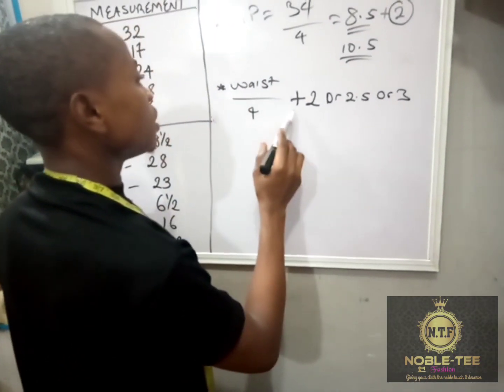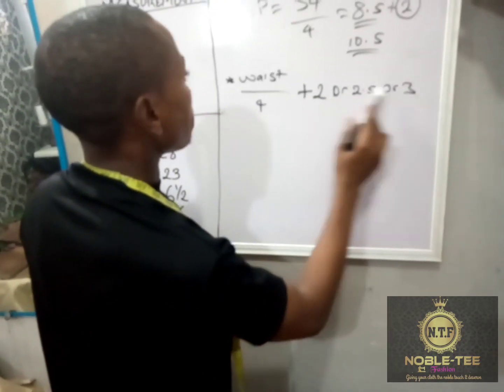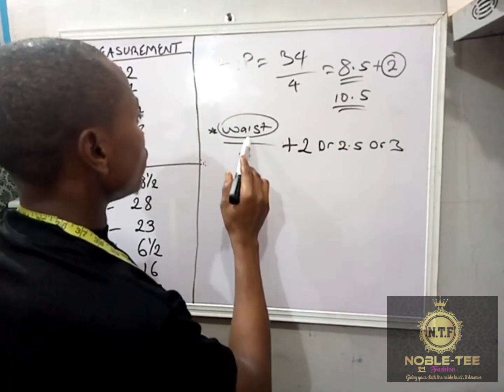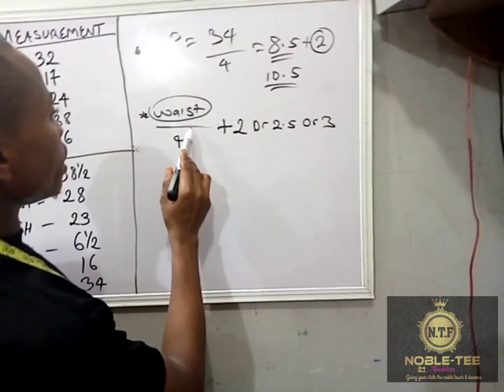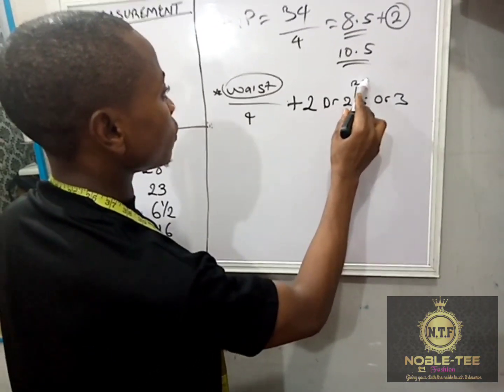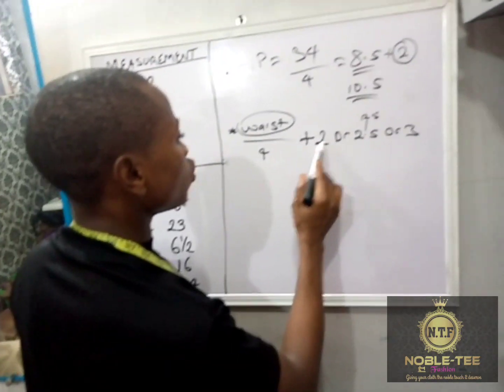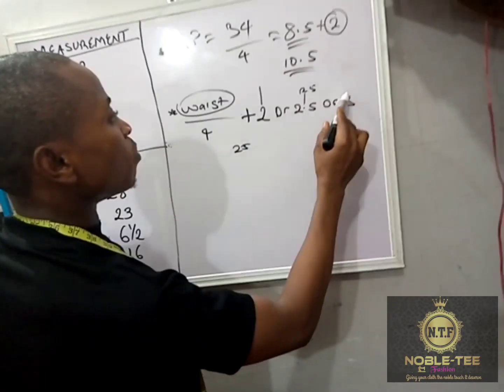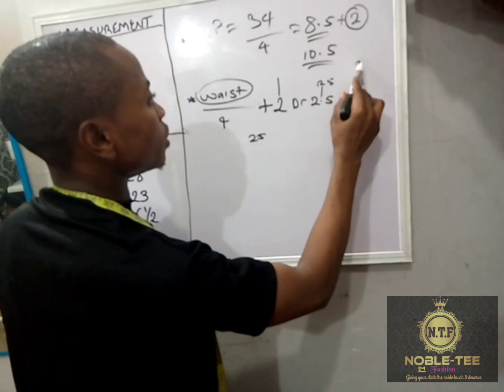2 or 2.5 or 3. So this depends greatly on the waist measurement. So if you are having a waist of 28, you can use 2.5 like this. If you are having anything below 25, you can use 2. If you are having anything above 30, please use 3.